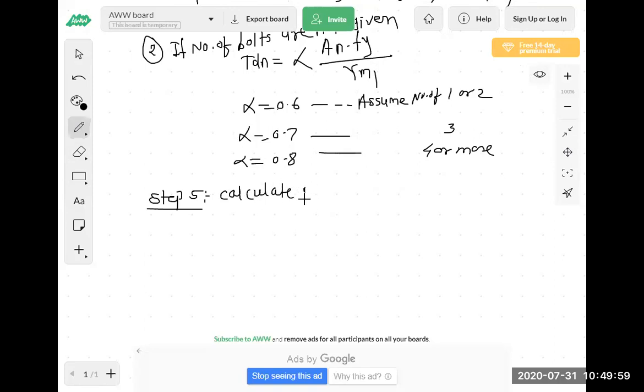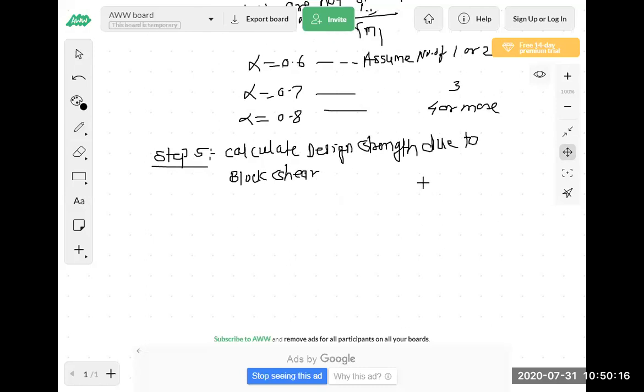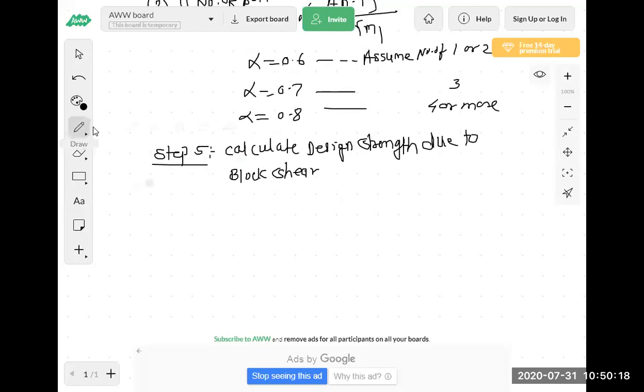Step number 5 is to calculate design strength due to block shear. There are two design strengths of block shear, TDB1 and TDB2.